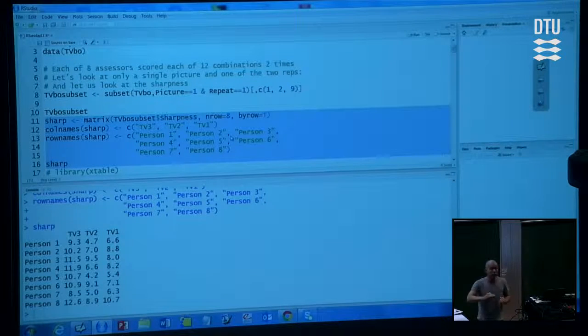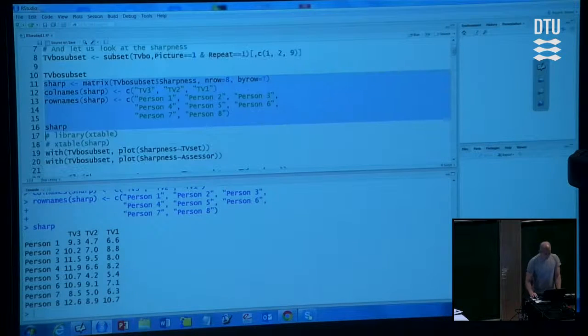For each combination of person and TV, I have one observation. Each person scored each TV exactly once. So I have a two-way table of data. That's why we call it two-way analysis of variance.